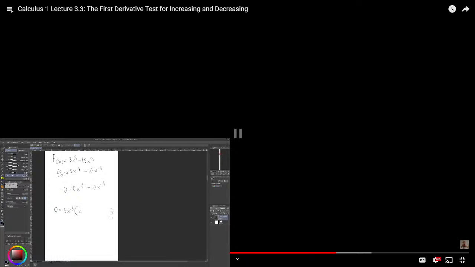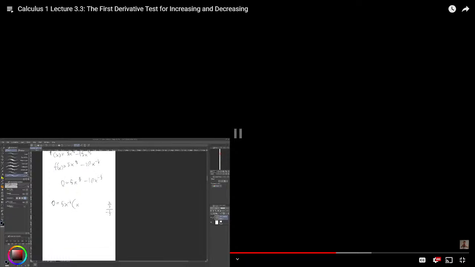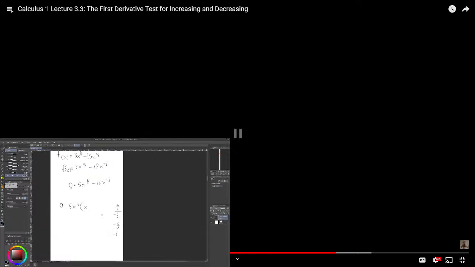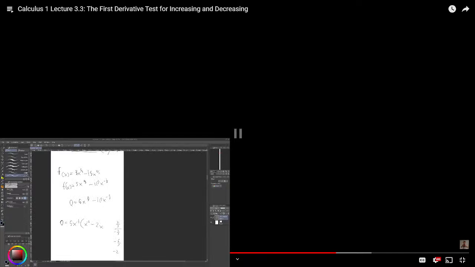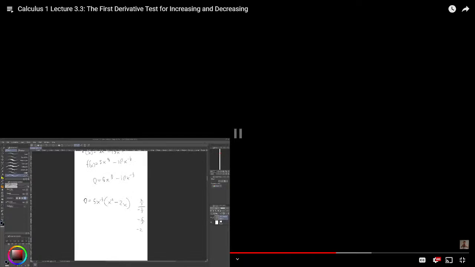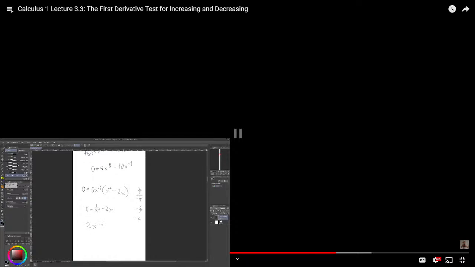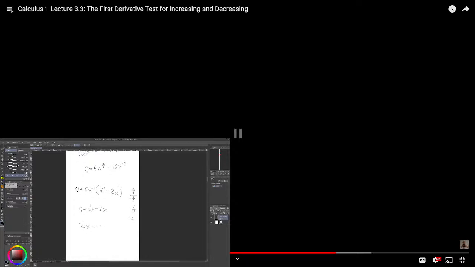That's what we divide by, negative 1/3. Negative 6, 3, negative 2. Minus 2x. This is 1. I think this would be the same thing that I got before.